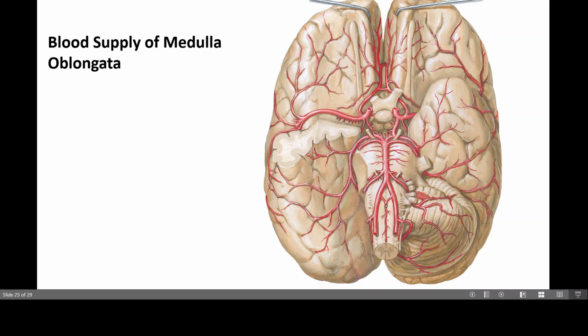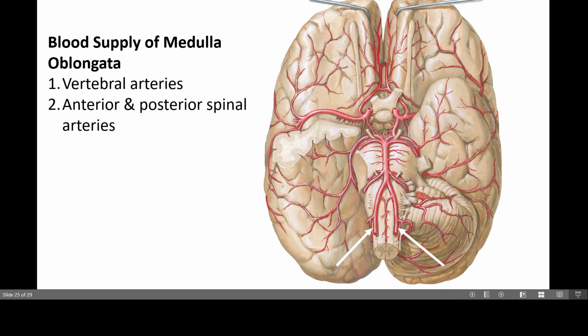Both of them unite to form a single anterior spinal artery, which lies in the anterior median fissure of the medulla and below, in the anterior median fissure of the spinal cord also. So the midline part of the medulla is supplied by the anterior spinal artery or by direct branches from the vertebral arteries of either side, whereas the lateral part is supplied by the PICA.